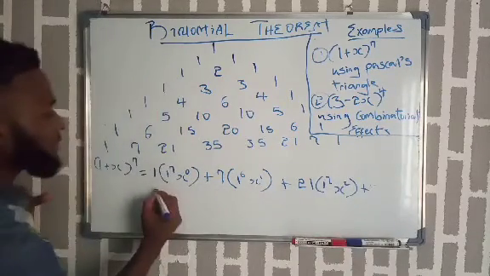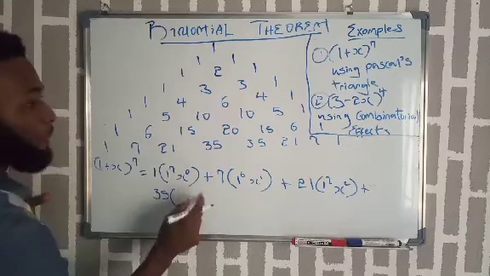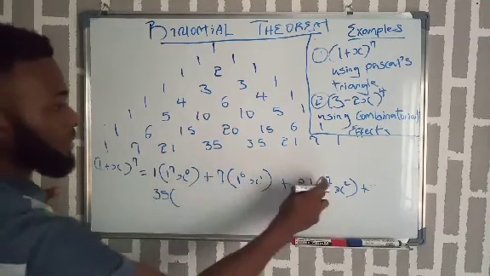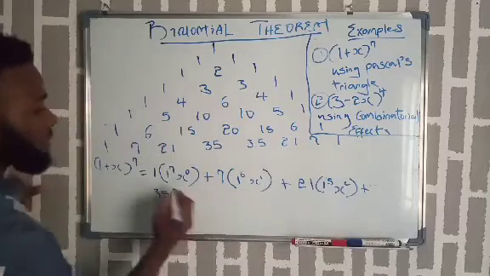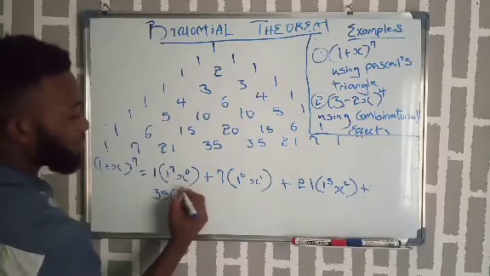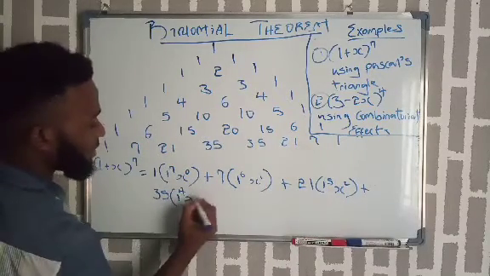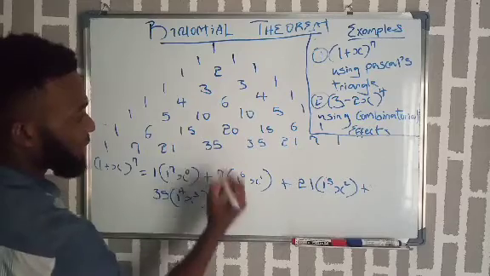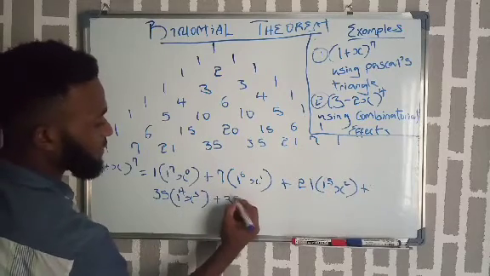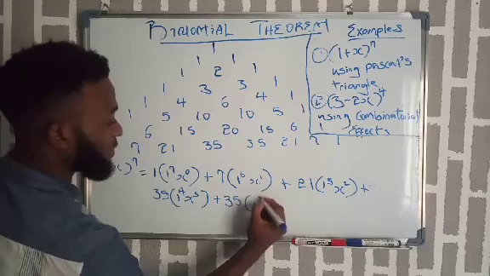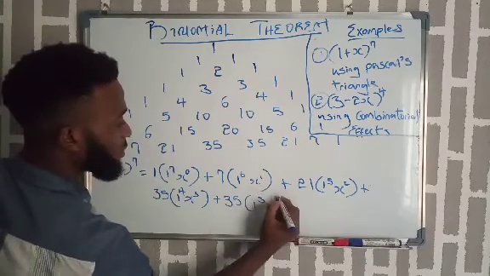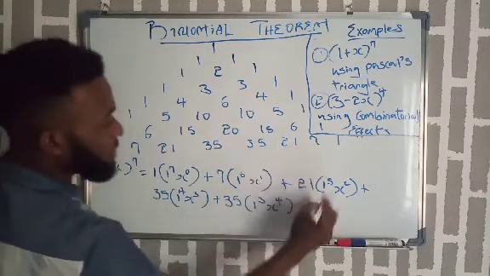Right here, 5, and this is meant to reduce to 5, and this increases to 2. Now 1 also reduces to 4, and this increases to 3. Then also 35. Then 1 also reduces to 3, while x increases to 4. Then 21 also.